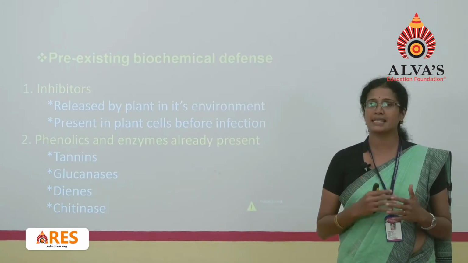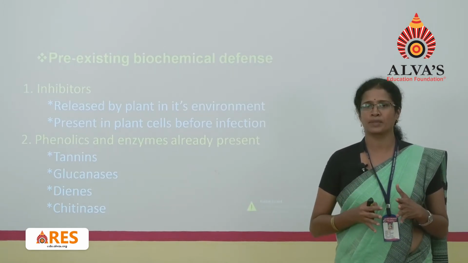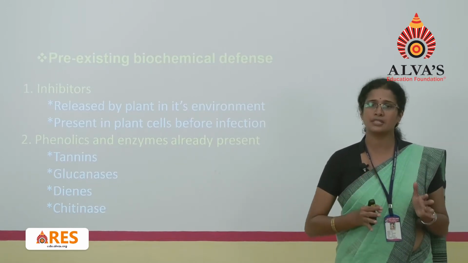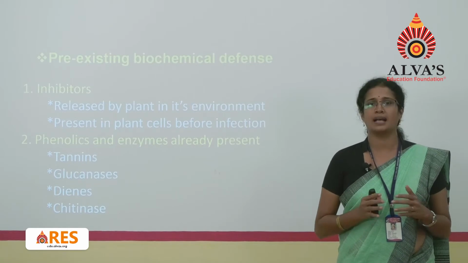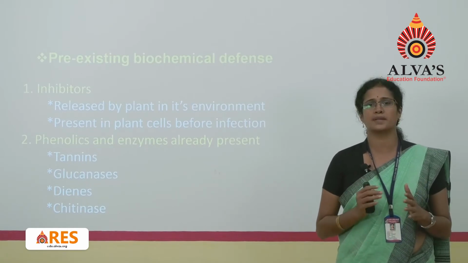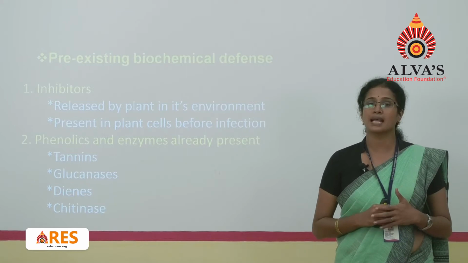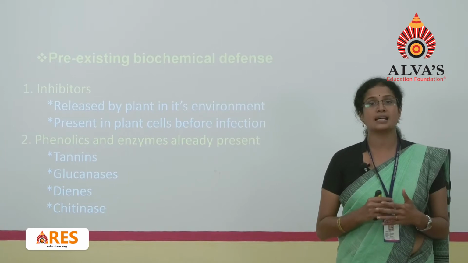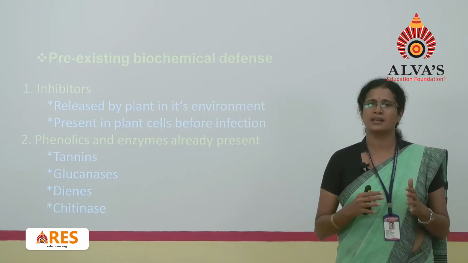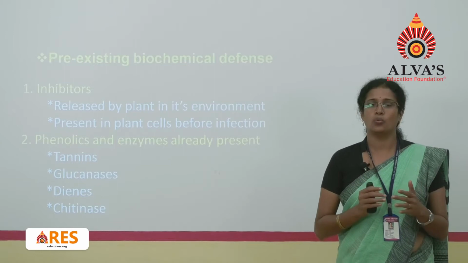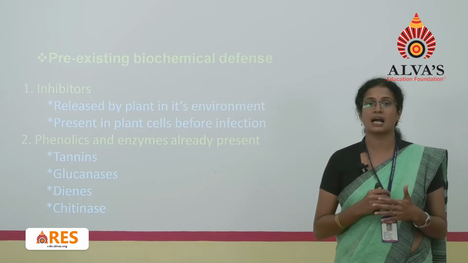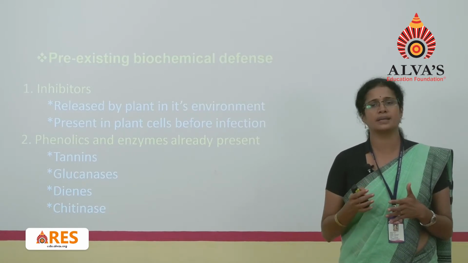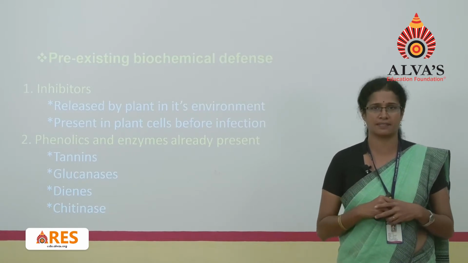So in pre-existing biochemical defense mechanism, very commonly there are two different types: the inhibitors present in the host plant as well as some of the phenolic compounds present in the host plant. Now what exactly do inhibitors do? Inhibitors are divided into two types based on their nature, where some of the inhibitors are released into the environment, whereas some of them are present inside the cells itself.